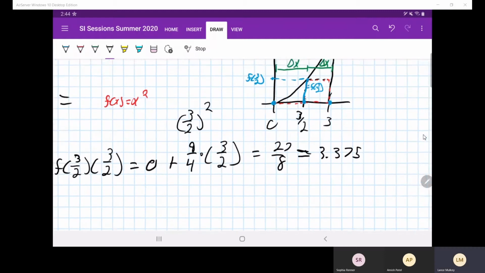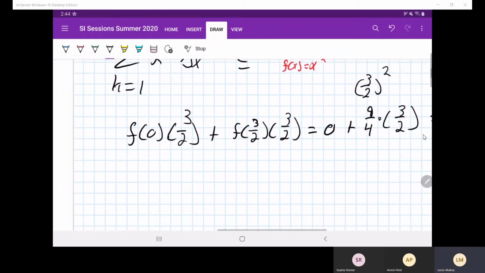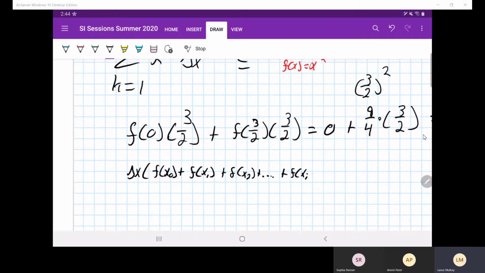Because you multiply every term by delta x. Remember the formula he had, where he had delta x times f of x naught plus f of x1 plus f of x2 plus dot dot dot plus f of xi. All I did here was distribute the delta x through all that.